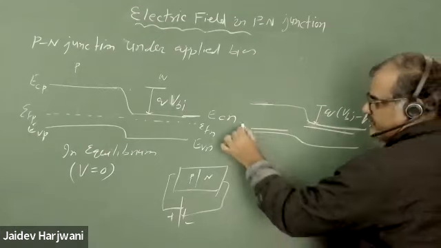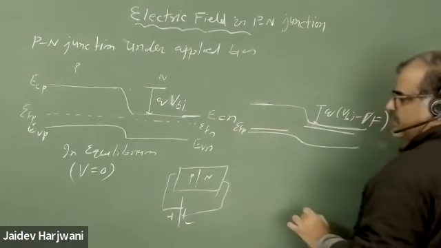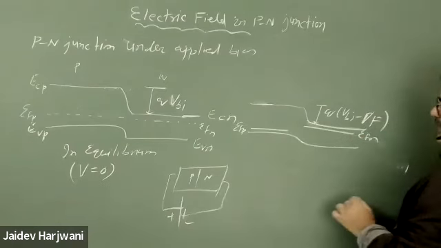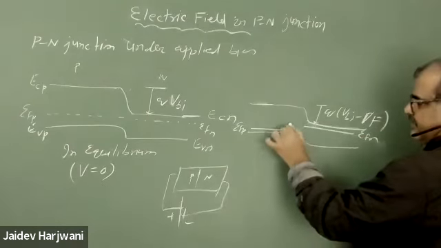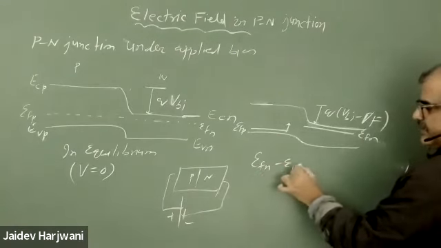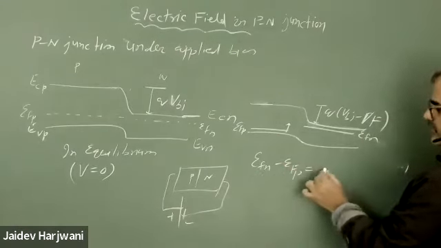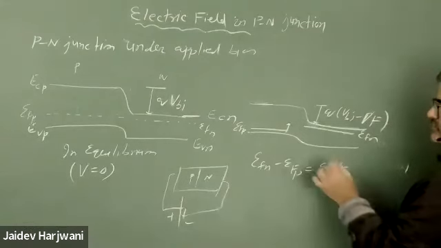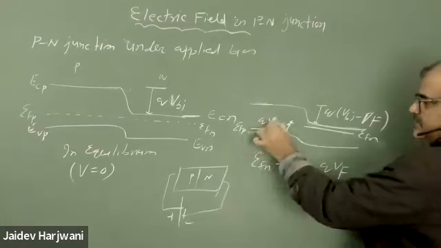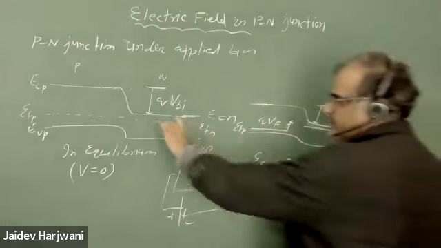Okay, so now there is a Fermi level of holes down on the P side, and EFN is above. So this gap, EFN minus EFP, is called your QVF. How much voltage you are applying will decide what is the gap of this level.